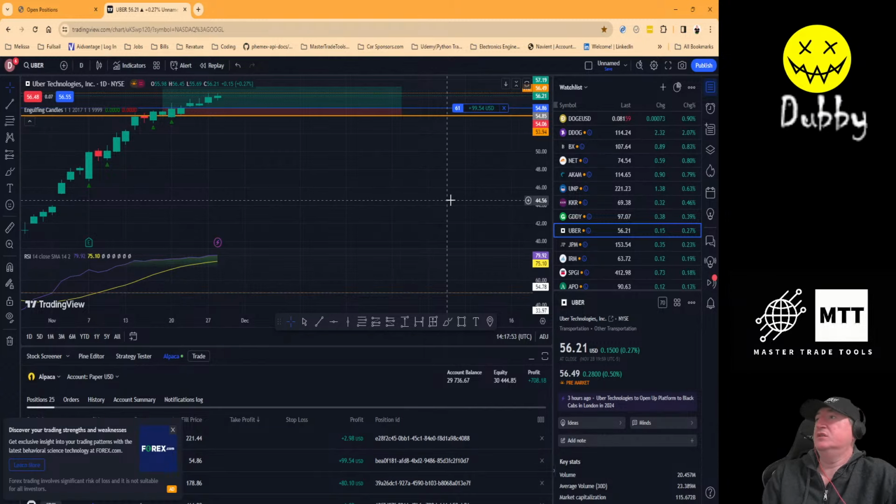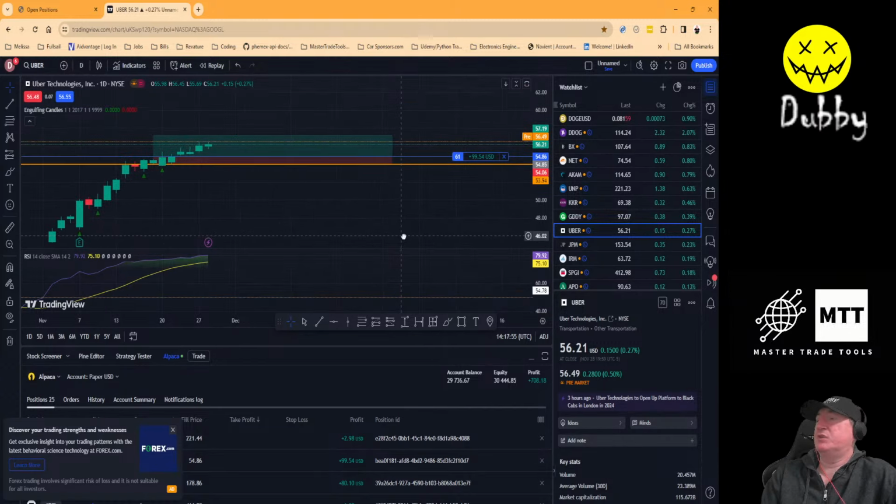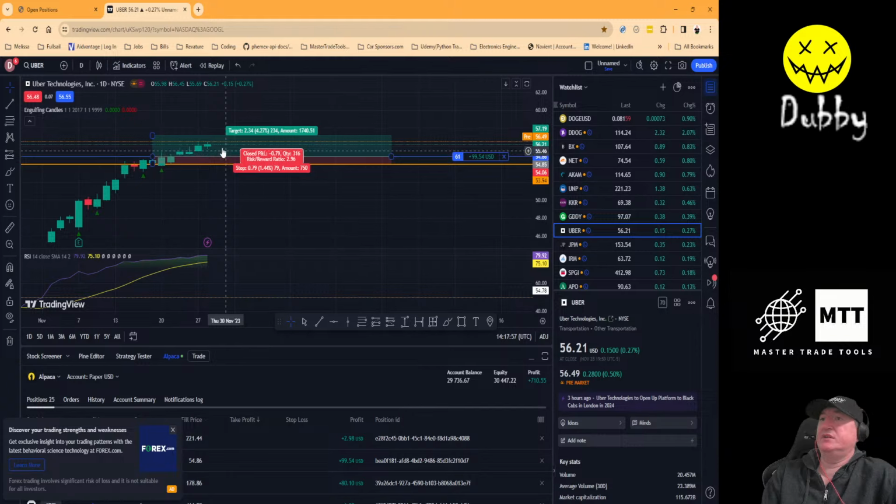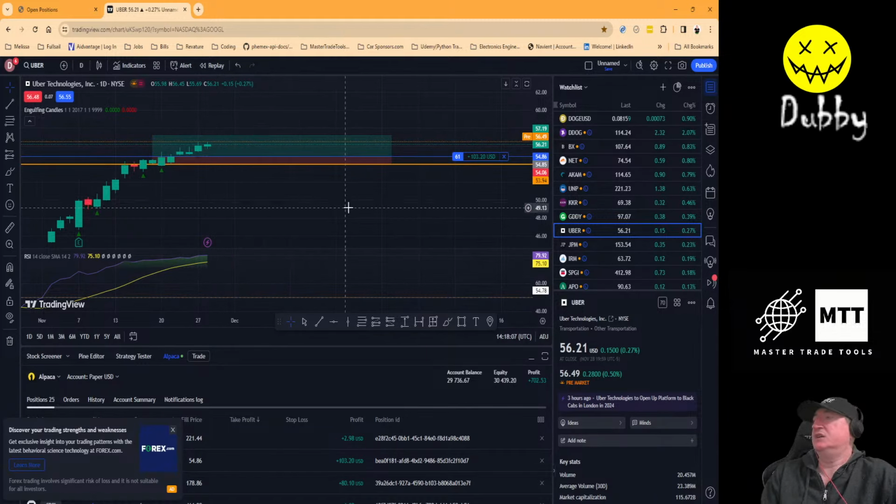Then Uber, we're sitting at some nice unrealized profit right now, and like I said, we might actually see this close out today, but I think we might see it close out in 2 days if we continue this bullish movement, as long as we have the volume of people.